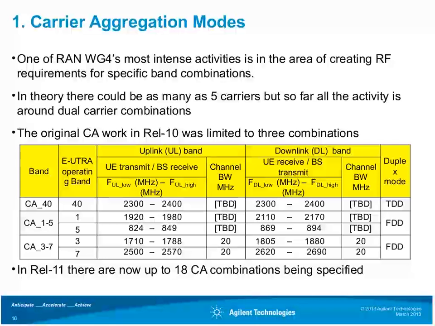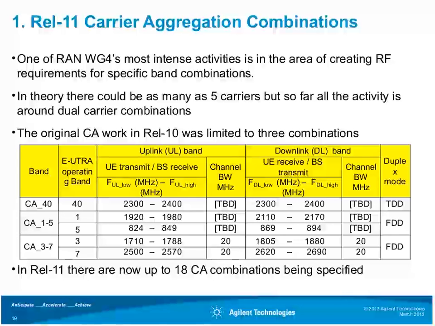The first thing that standards groups had to do was to define the different combinations of the frequency bands that could be used for Release 10. For Release 10, they've only chosen 3 different combinations, and you can see those over here on the left. These only have 2 component carriers in them, so up to 40 megahertz.